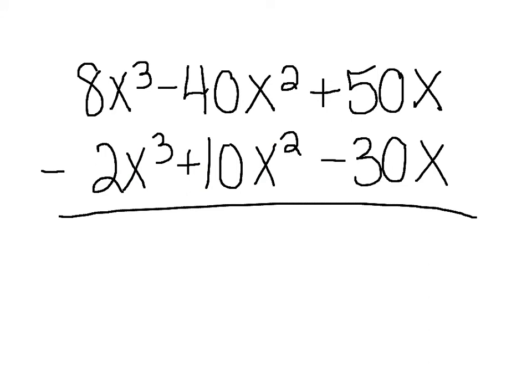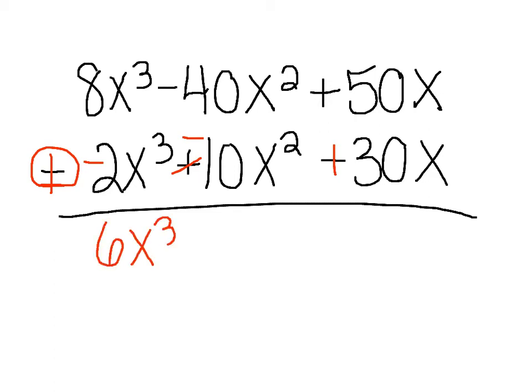Now my personal preference is the vertical form. I think it's just easier to visualize, easier to see. But the same steps apply. We have to take that negative, this negative minus sign here, and distribute it. We're going to change it to a plus negative 2x cubed minus 10x squared plus 30x. So let's take a look. We have 8 minus 2, which is 6.